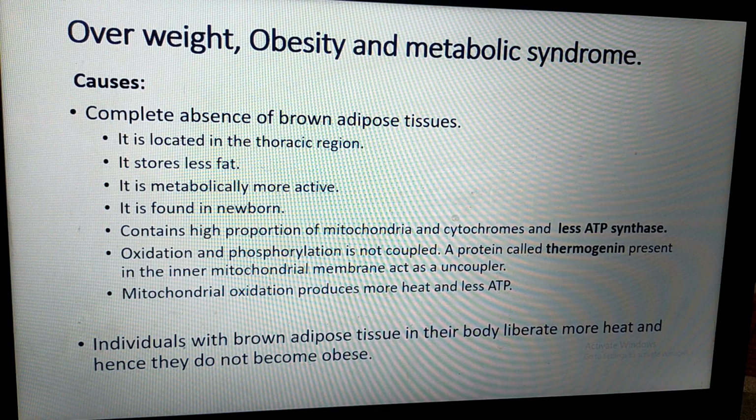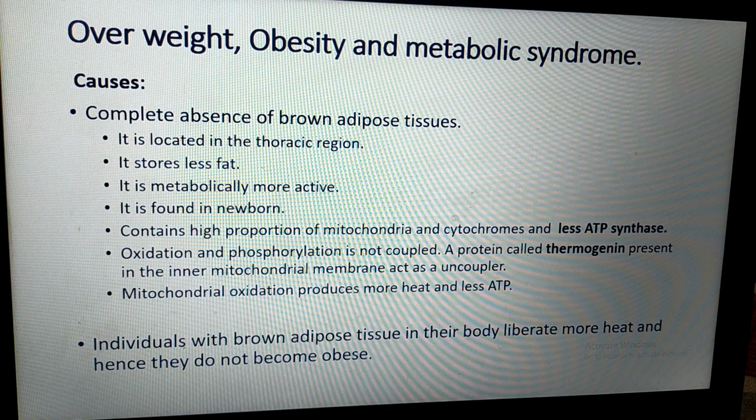So, due to the presence of cytochromes, the electron transport chain is going on in the mitochondria of brown adipose tissue, but the ATP synthase, which is the fifth complex and which actually synthesizes the ATP, that enzyme is deficient, or that enzyme is present in less quantity.